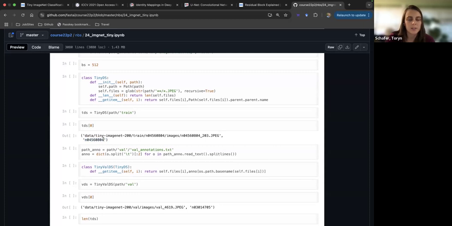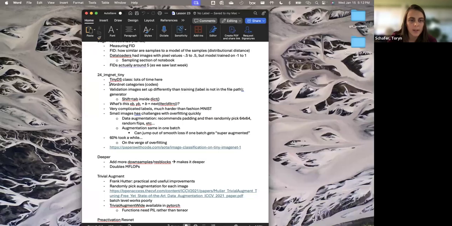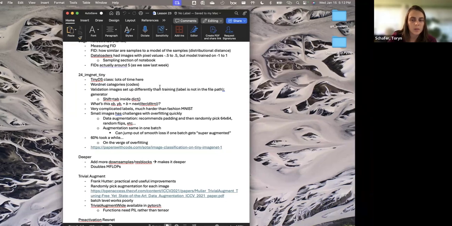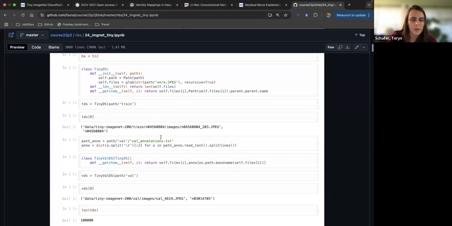If we were doing a classification problem, this is the label. And these are some key index to WordNet categories. So these are just labels for that.